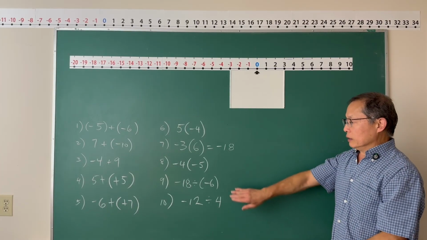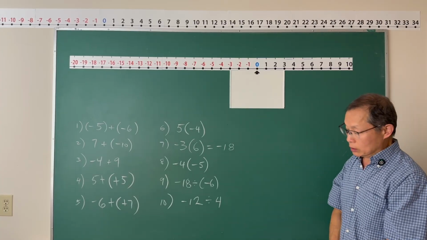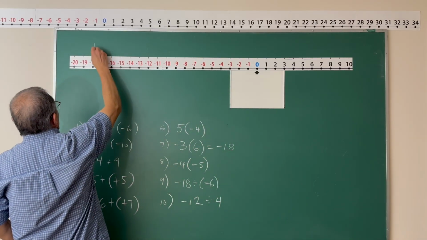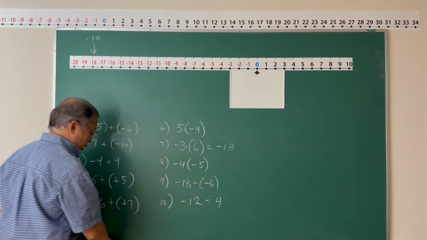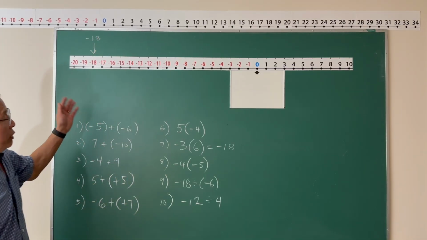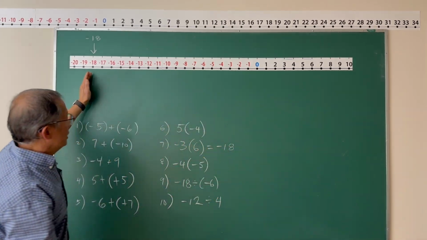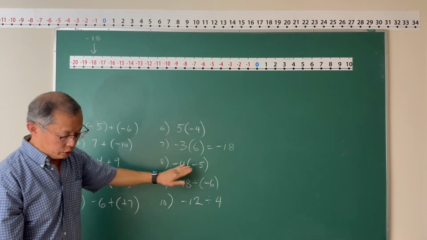Number 9, -18 divided by -6. There's a few different ways to look at this. We could start with an arrow pointing at -18 and then say to the kids, in order to get back to 0 from -18, what do I need to put in there relative to this question?